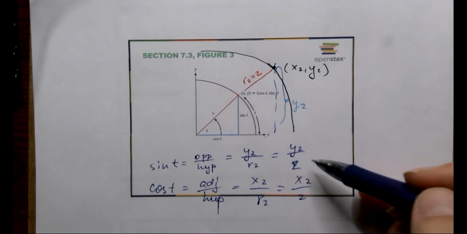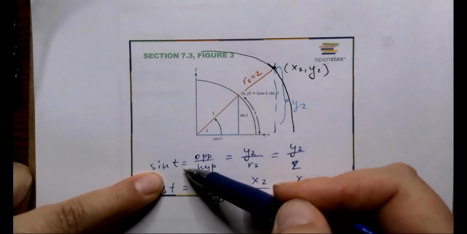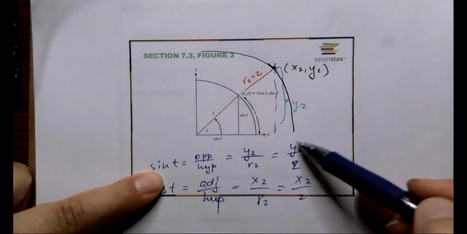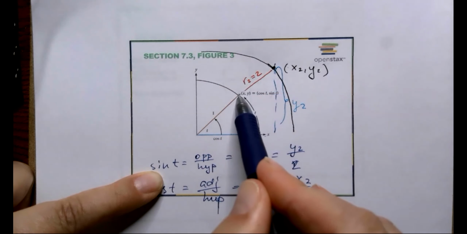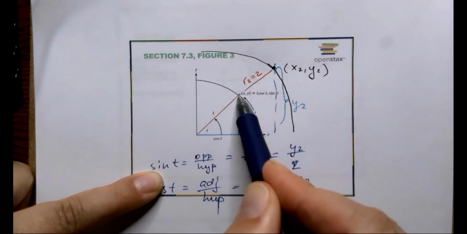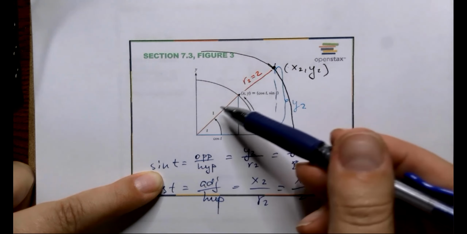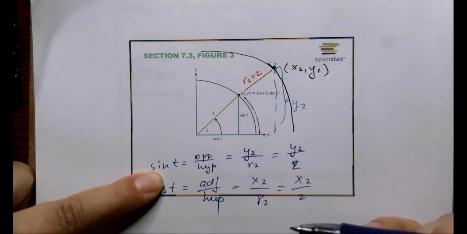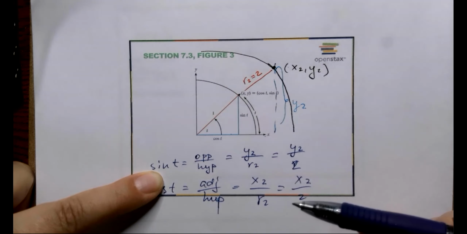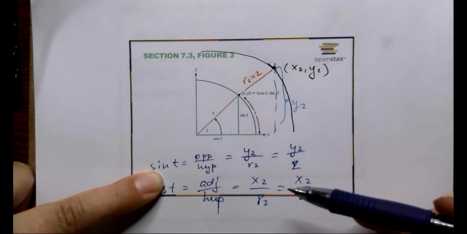So you see, and I just want to let you know that this value, when you calculate it, is going to be the same as the value at this point, because we're talking about proportions, and these two triangles are actually similar triangles, which means their proportions are the same.